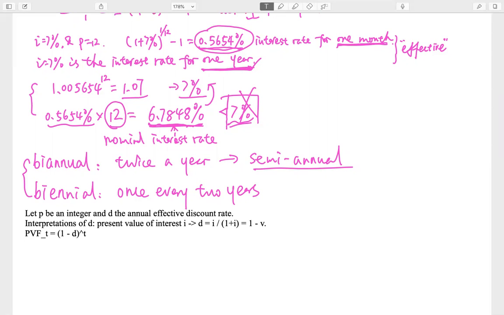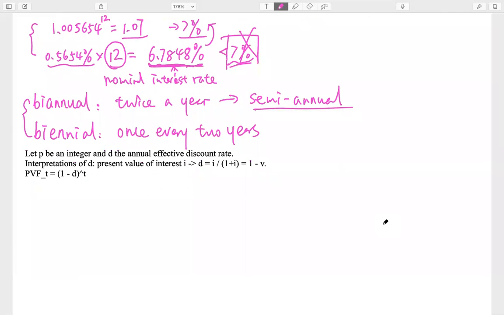Now, similarly to what we did for interest rate, we take t to be 1 over p. So the present value at 1 over p would be 1 minus d to the power of 1 over p.